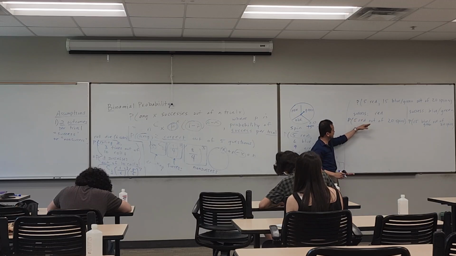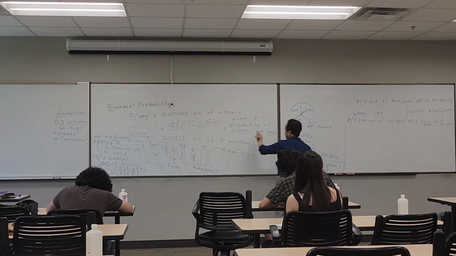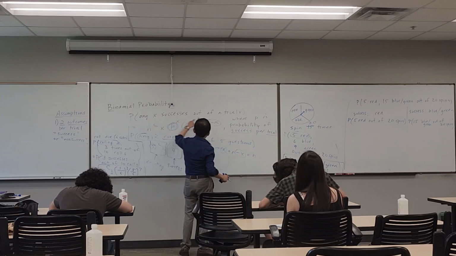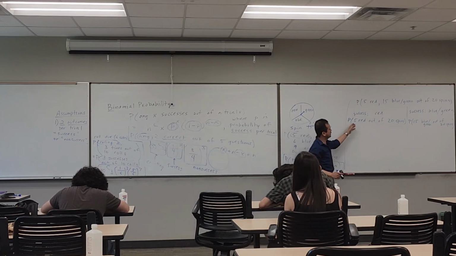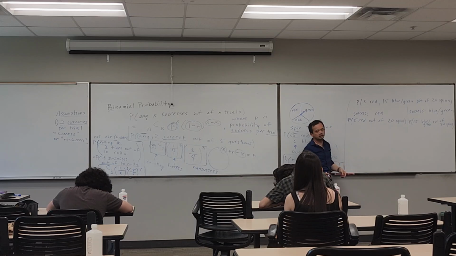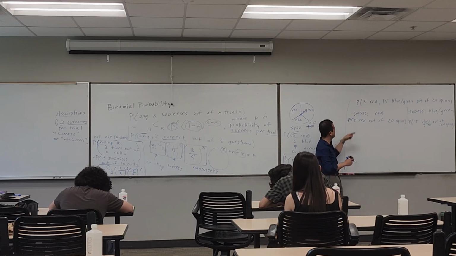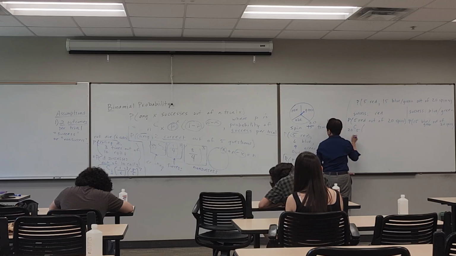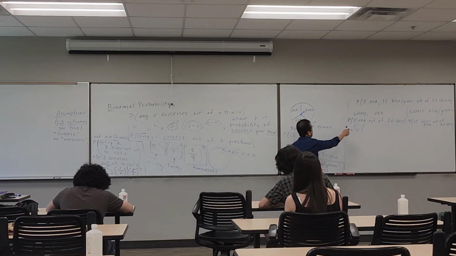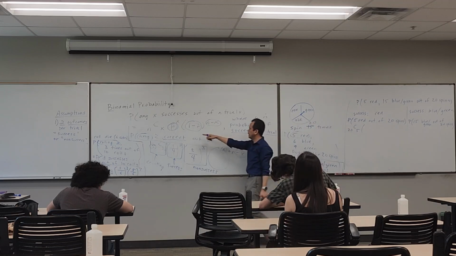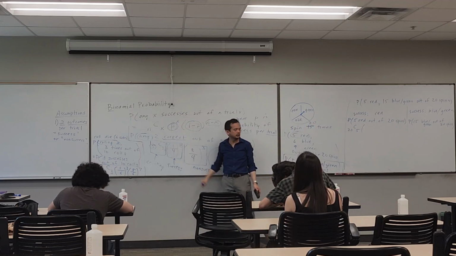For the first probability, we use the binomial probability formula, and the first term is n choose x. What will that be here? Yes, 20 choose 5, times the probability of success. In this case, success is red, so the probability of red, raised to the number of red that we want.